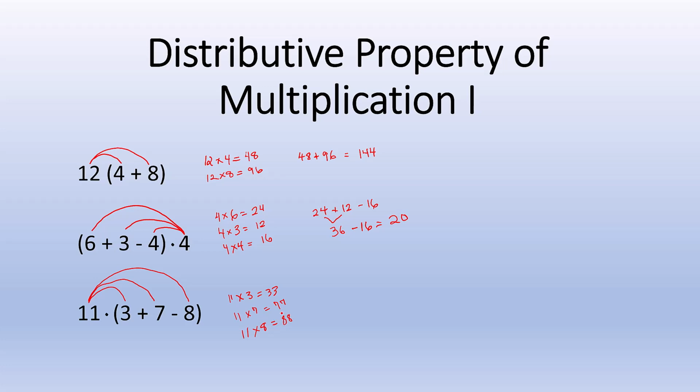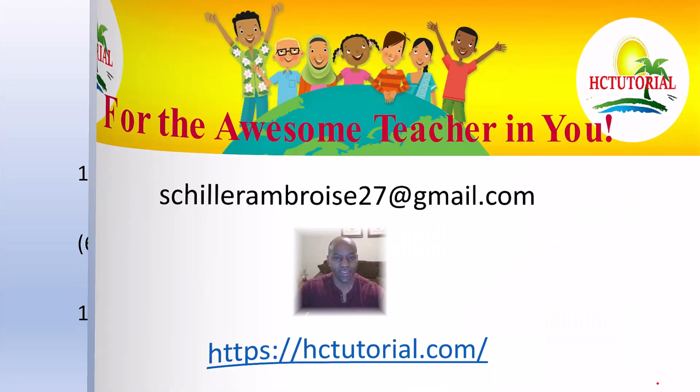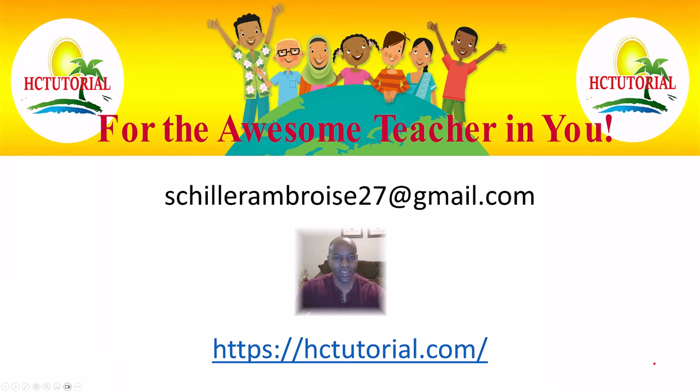So if I go ahead and solve the problem, I have 33 plus 77 minus 88. 33 plus 77 is going to give us 110, and 110 minus 88 is going to give us 22. And that's it for our first part.